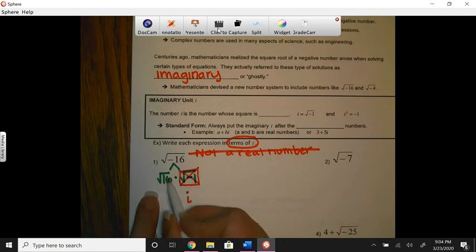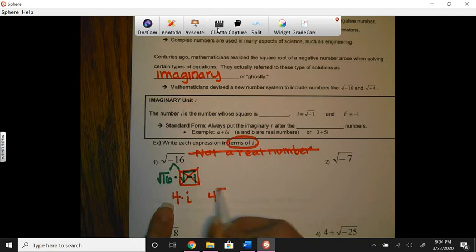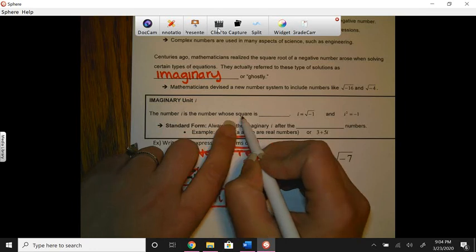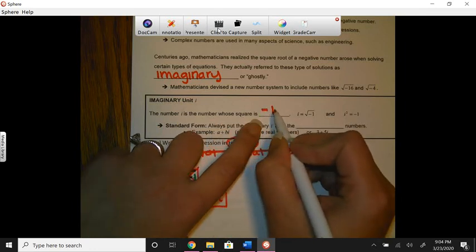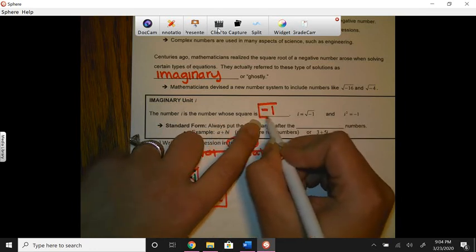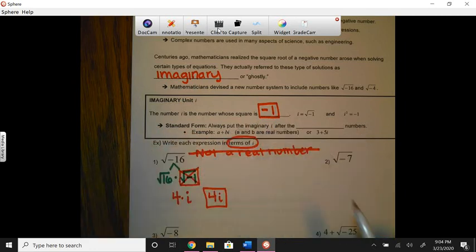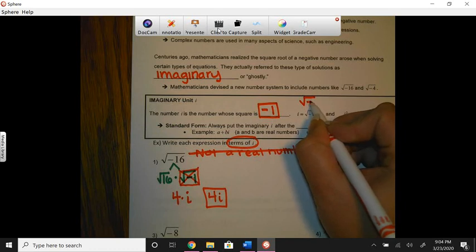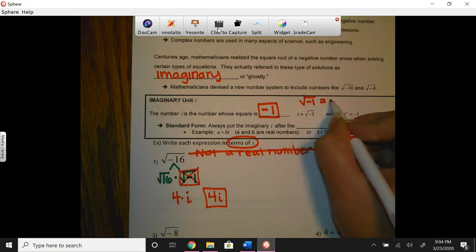So the square root of 16, now we're able to do that, and we would get 4 times I. So we can write 4 times I as just 4I. So the number I is the number whose square is negative 1.